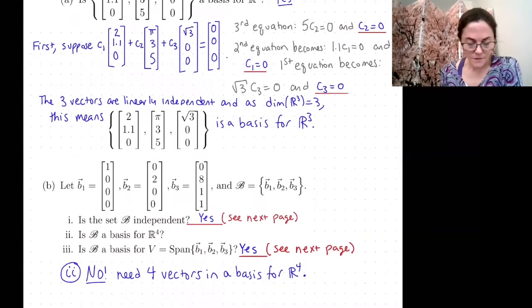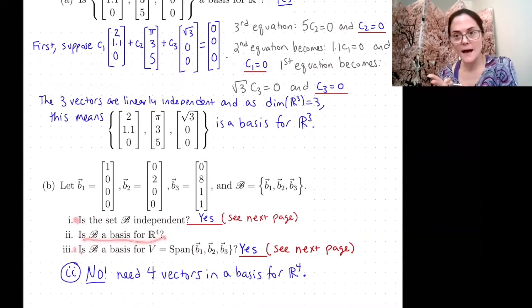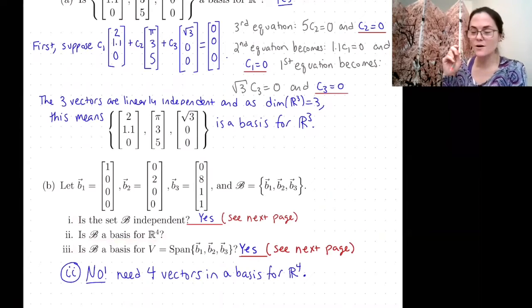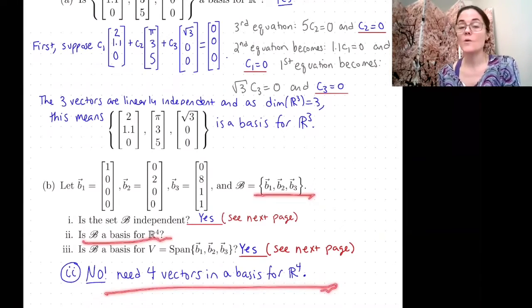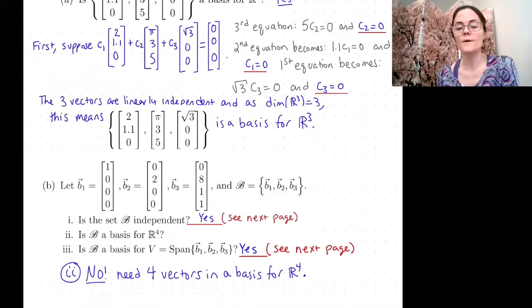Now, I move to the next page to discuss the second part, which I put on the bottom here. There's no way this set is a basis for R4. We have 3 elements in R4.